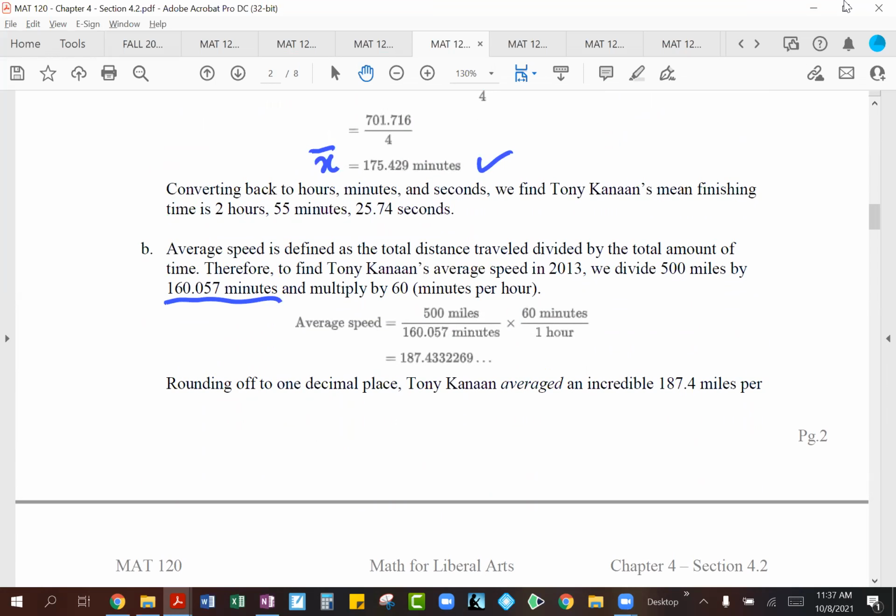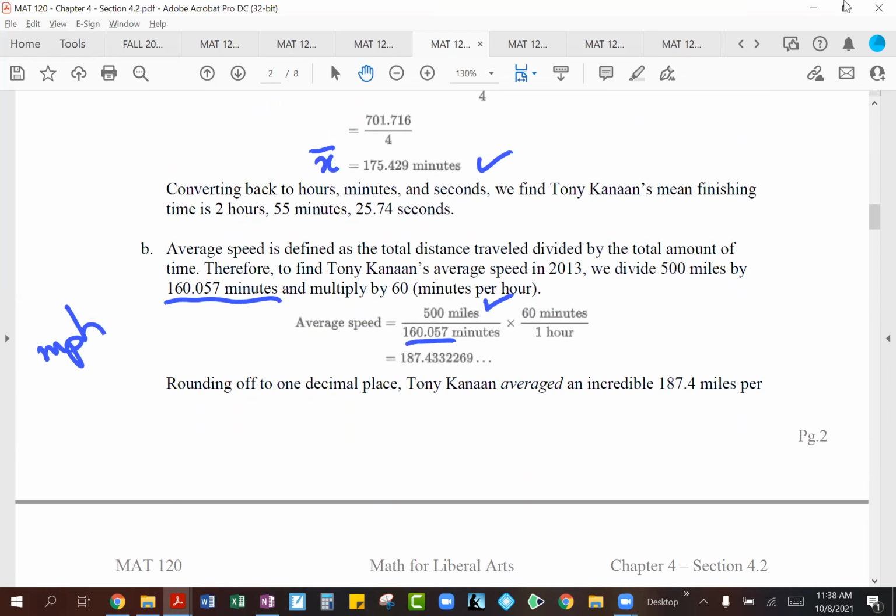Because we're talking about average speed in miles per hour, we take the 500 miles for the track, how long the race is, and his winning time, 160.057 minutes. That's how long it took him to go over the whole race.